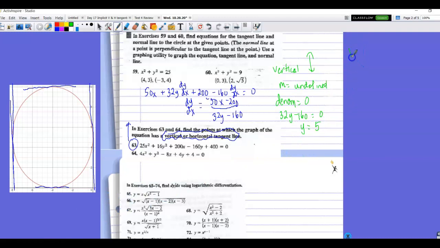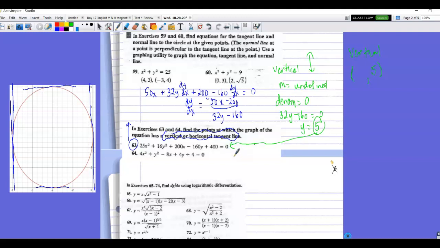So for the vertical tangents, I know that I have y equals 5, because I have the y value. To find the x value or x values, because we've already looked at the graph, we actually know that there are 2. We're going to substitute the 5 back into the original equation, which is down here.